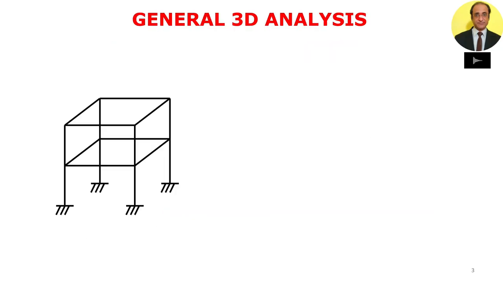Now this is called the general 3D analysis. The general 3D analysis helps us in automatic distribution of the vertical and lateral loads among different frames and their constituent members, such that we don't need to do any superposition after the analysis is done.